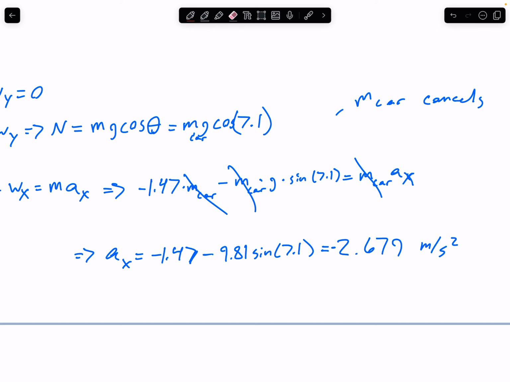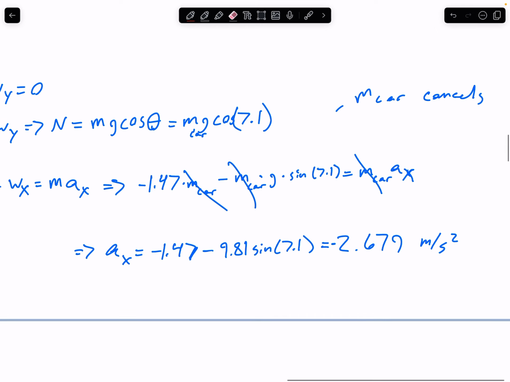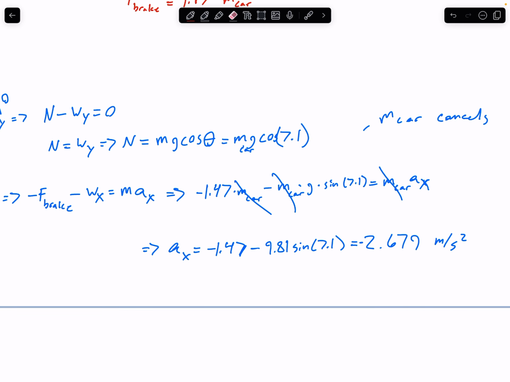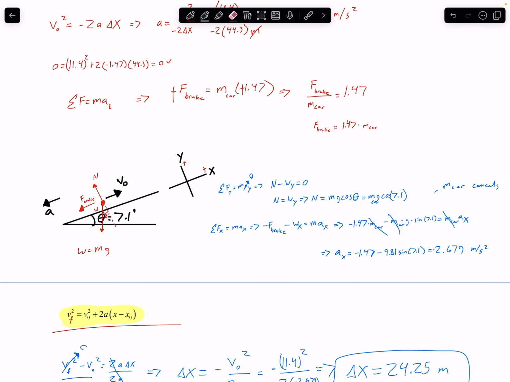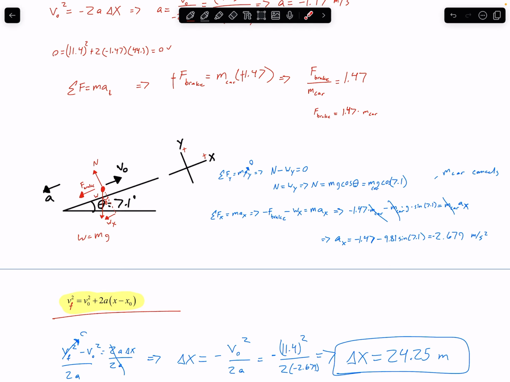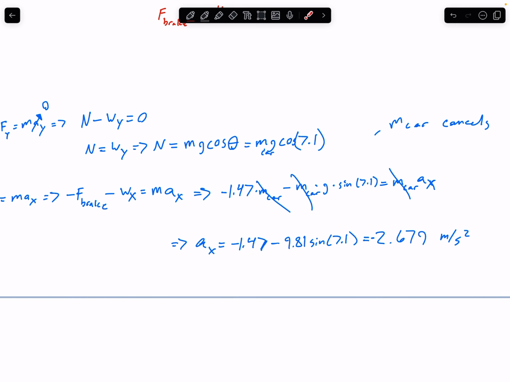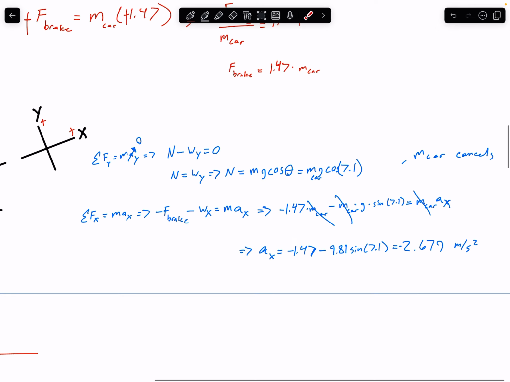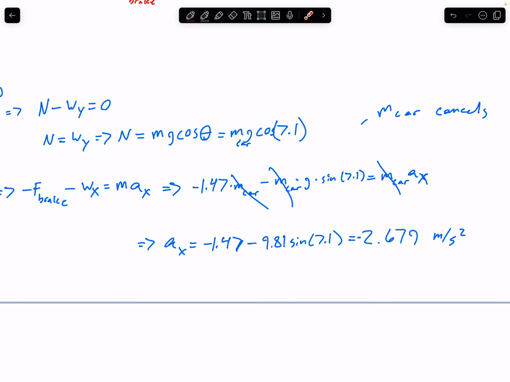And the weight component is equal to the mass of the car times gravity times sine of 7.1 degrees, and we know from the free body diagram that it is going that way. So that's Wx. And that's equal to the mass of the car times the acceleration in the x direction. And guess what? Mass of the car cancels, so that does not matter to us, which is good because it is not given.